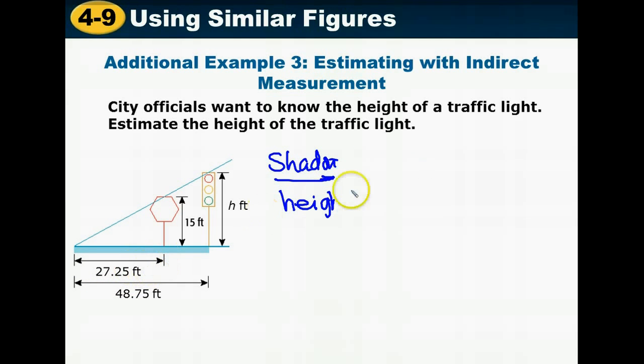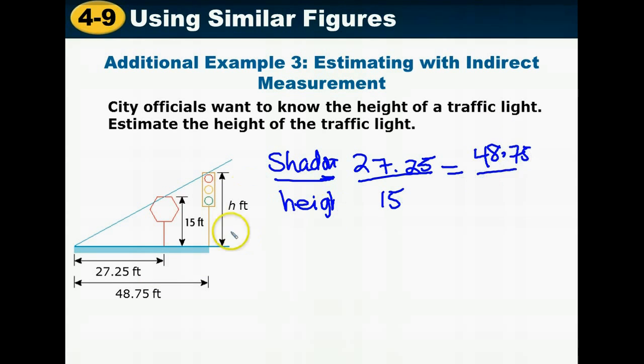Stop sign, which would be 27.25. And the height of the stop sign, which would be 15 feet. To the shadow of the traffic light, which would be 48.75. And to its height, which I do not know.